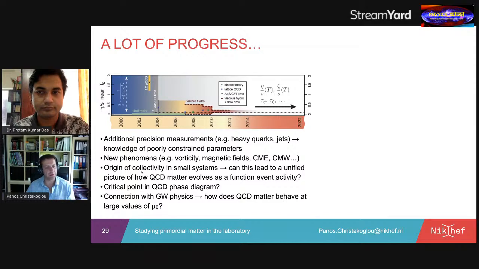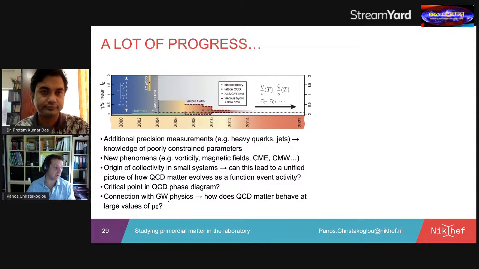And there are also other things, one of which is quite interesting: the connection with gravitational wave physics. At the very beginning, I hinted that there is a very strong connection with the nature of the interior of neutron stars.